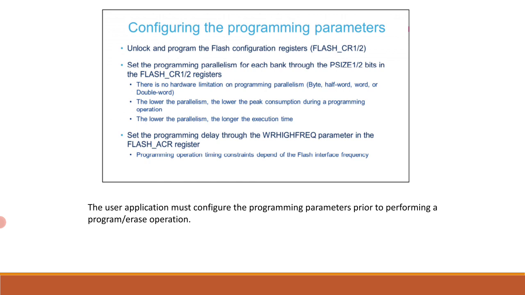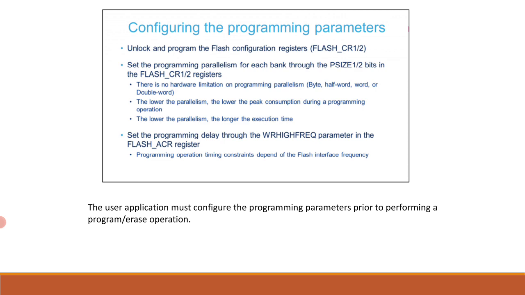Two, set the programming parallelism for each bank through the PSIZE1 or 2 bits in the FLASH_CR registers. Three, set the programming delay through the WRHIGHFREQ parameter in the FLASH_ACR register. Programming operation time constraints depend upon the flash interface frequency.